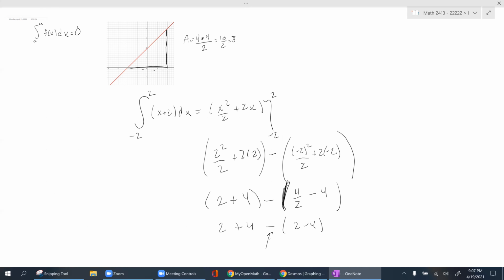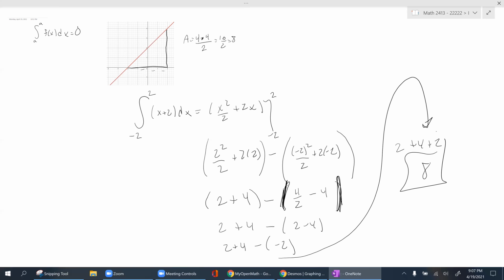This is the importance of having these parentheses, because this negative is eventually going to have to distribute in there. Please do not forget that. So I have 2 plus 4 minus -2. Negative times the negative equals a positive. If you said it out loud, thank you. 2 plus 4 plus 2, which gives me 8.